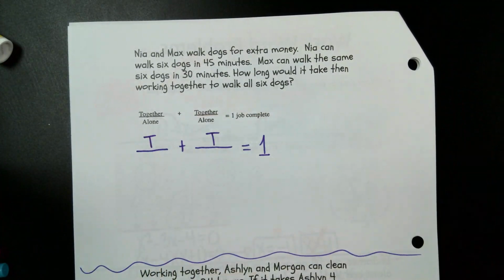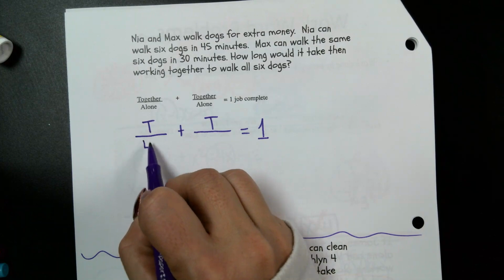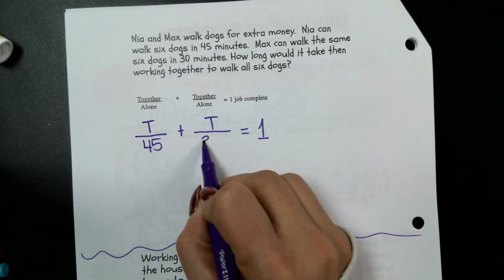Okay, what numbers go on the bottom? 45 and 30.